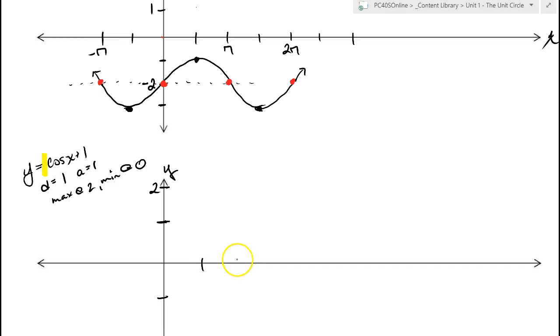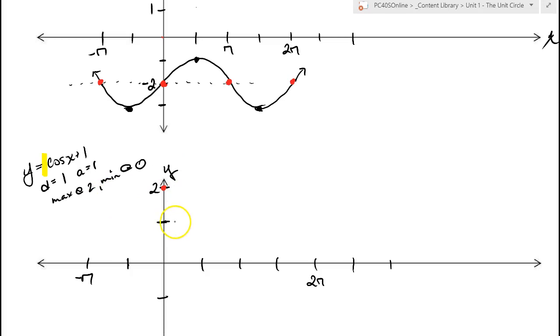Horizontally, I'm going to use the same scale I've been using for the most part. Two pi. I'm going up by pi over 2s. So again, cosine starts at a maximum, which we said was 2.